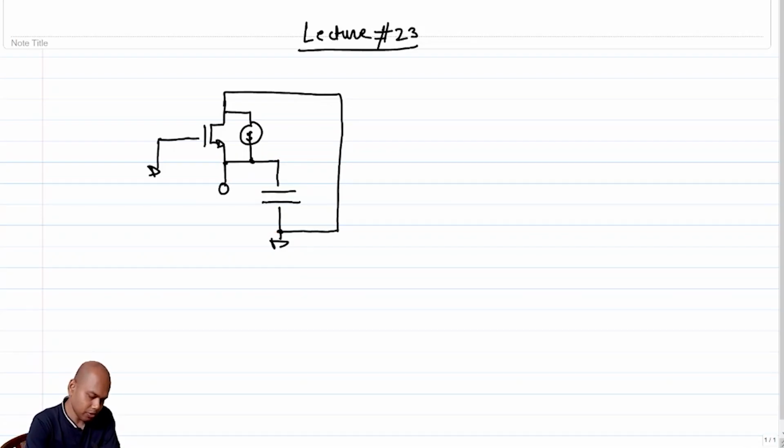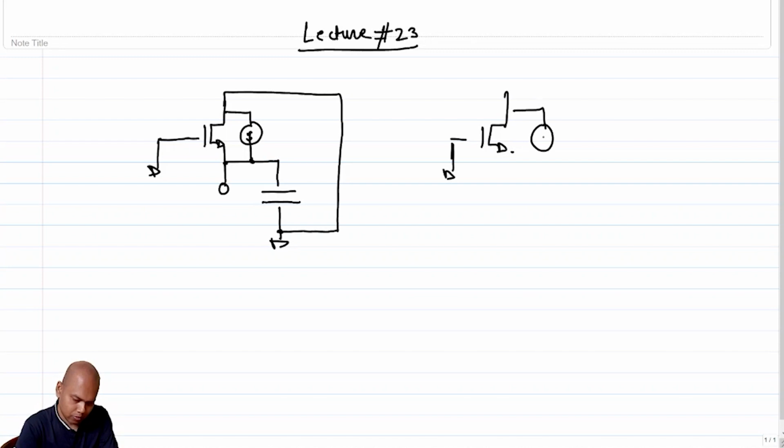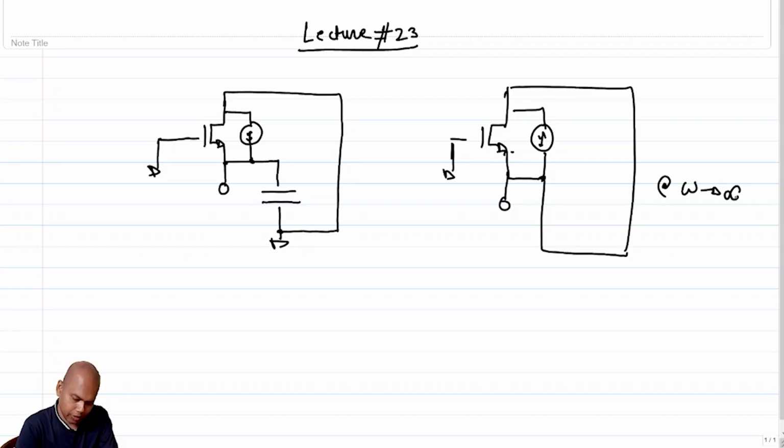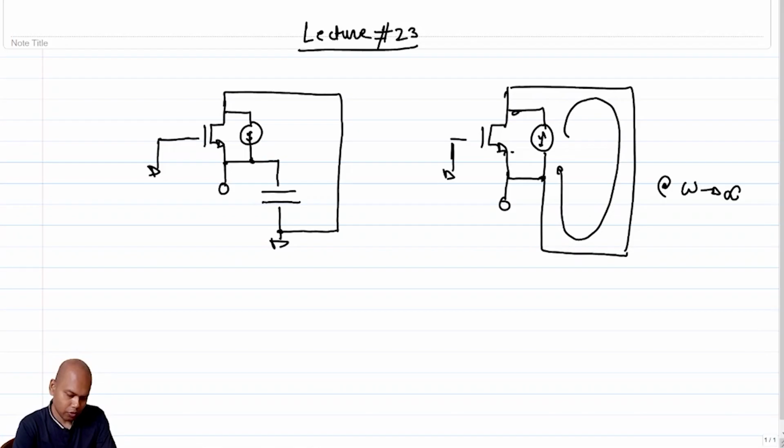Let me also draw it out. So this is at omega tends to infinity, right? All your noise current flows through the output loop, hence you capture the noise current at the output.